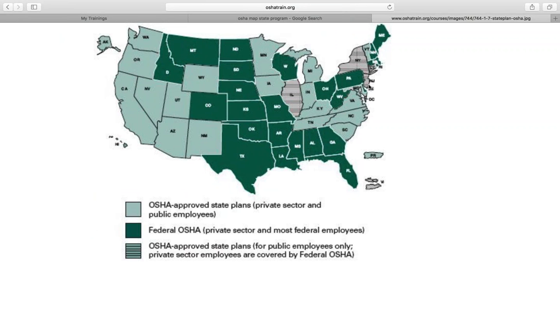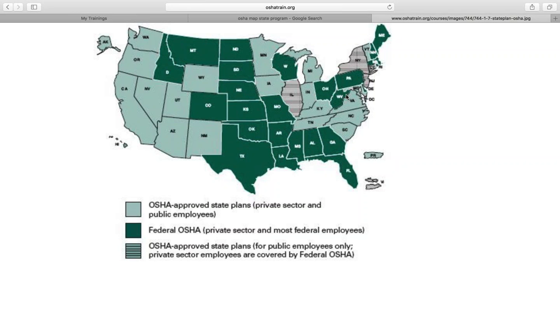And then the three states you see here are New Hampshire, New York, and I think Illinois, but I can't remember. They have a plan just for government employees. Everyone else, all the private companies, is still governed by the federal program.